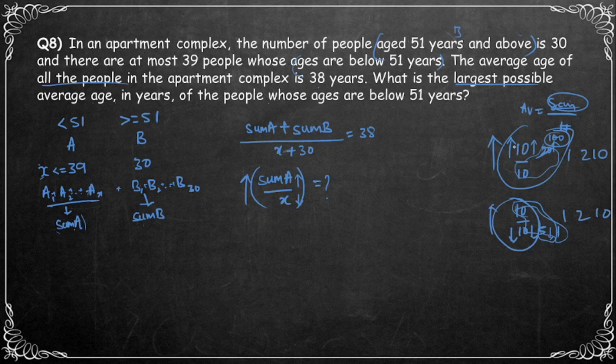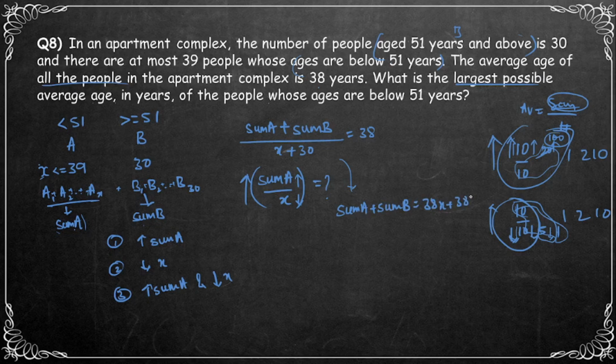Or if we can do both, that is increase the numerator and decrease the denominator, we can have the best result. Okay, so that means there are three ways. The first way is to increase sum A, the second way is to decrease x, and the third way is both, first and second, increase sum A and decrease x. Okay, we need to see which way to go. So from this equation we can write sum A plus sum B is equal to 38 into x plus 38 into 30.